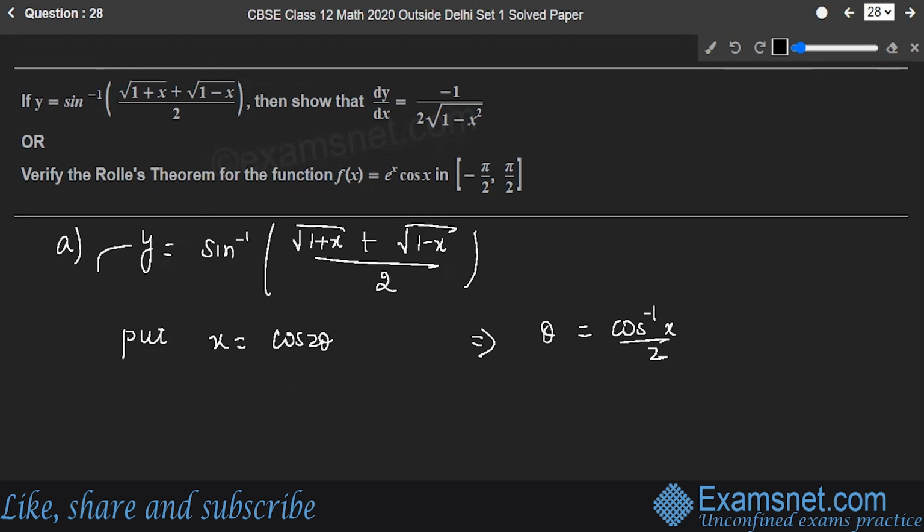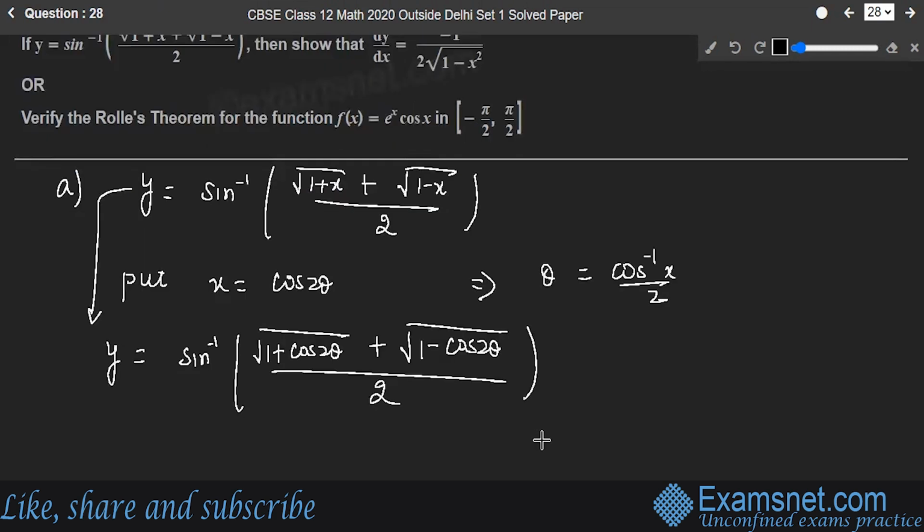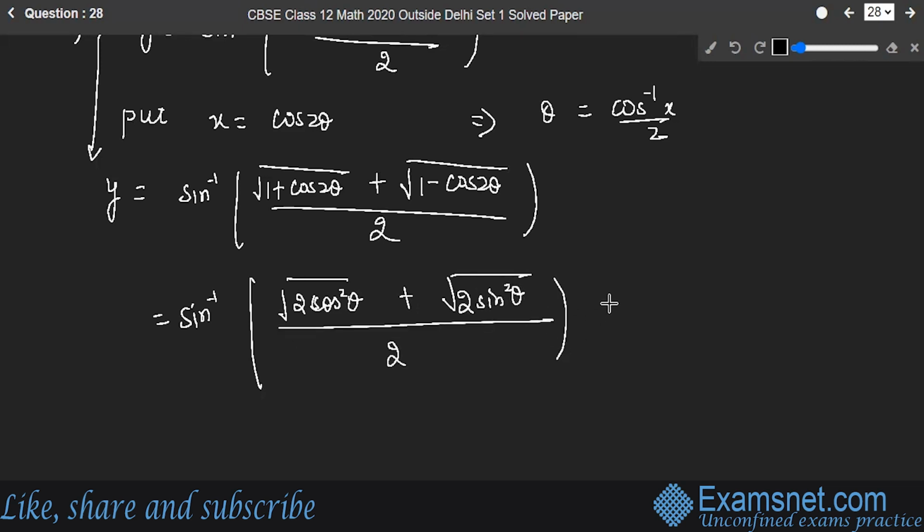Now let's get back to our y. So y will be equal to sine inverse of root of 1 plus cos 2 theta plus root of 1 minus cos 2 theta, whole divided by 2. You know 1 plus cos 2 theta is equal to 2 cos square theta, and 1 minus cos 2 theta is equal to 2 sine square theta, whole divided by 2.